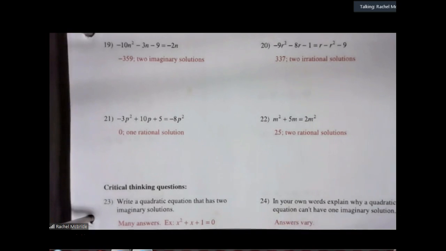And then in 24, it says, in your own words, explain why a quadratic equation can't have 1 imaginary solution. So the answers for that can vary, but the only reason it cannot be 1 is that if you have 1 solution, your discriminant value is 0, and 0 does not give an imaginary solution.